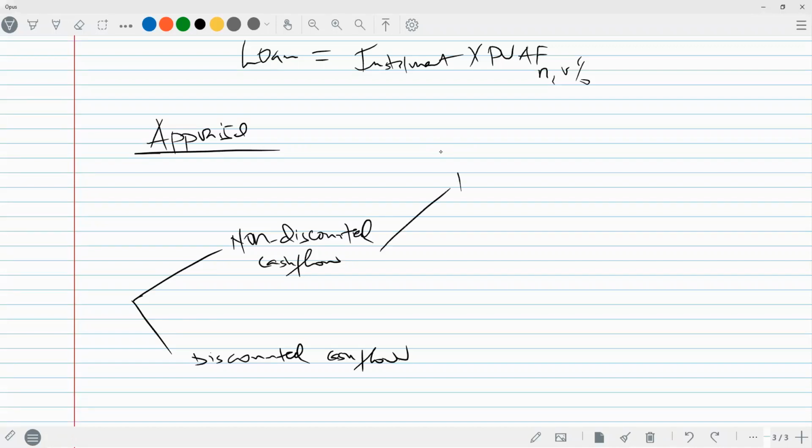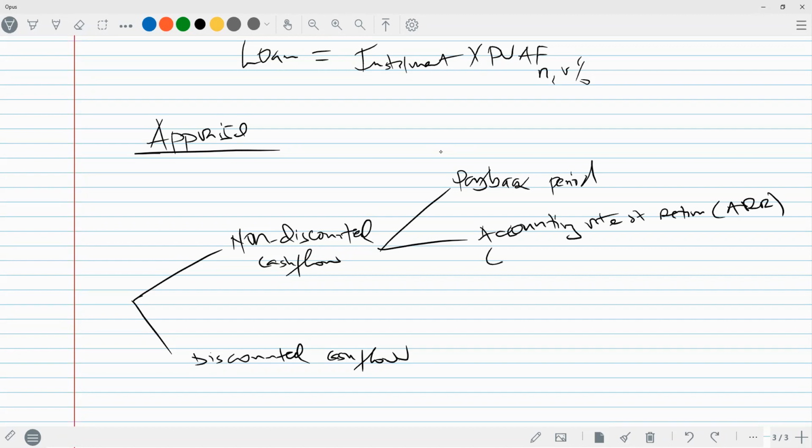The first is the payback period method. The second is the accounting rate of return, ARR, also referred to as the return on capital employed.